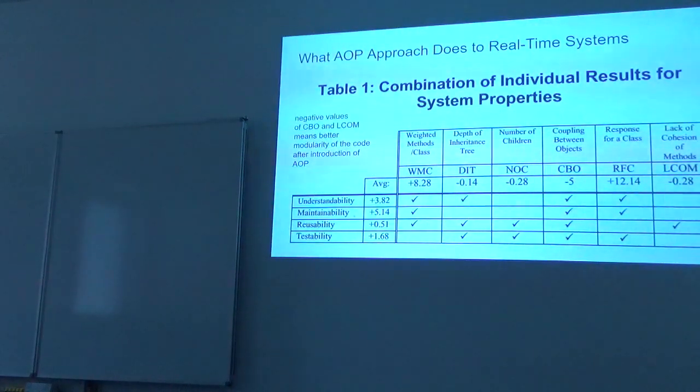But they were also able to show that the introduction of AOP increased understandability, reusability, testability, and modularity of the code because of these metrics. So, the AOP approach had a positive impact on software quality.